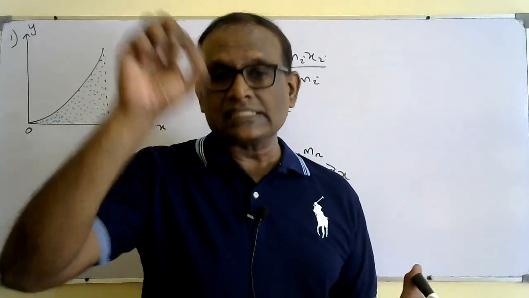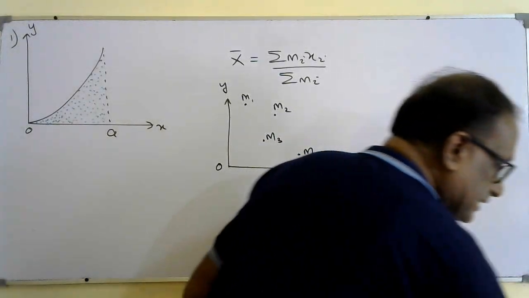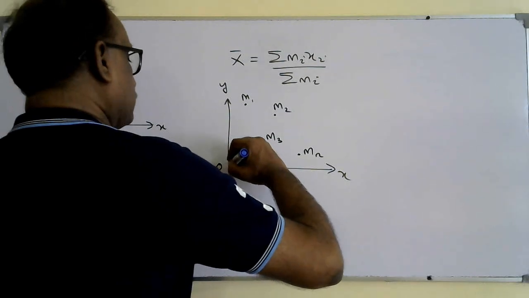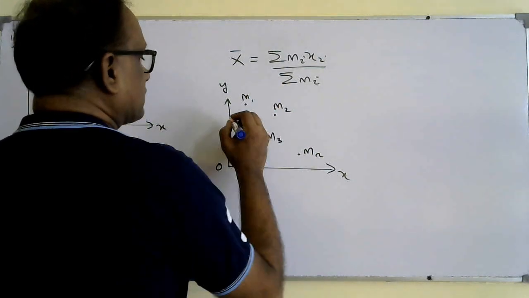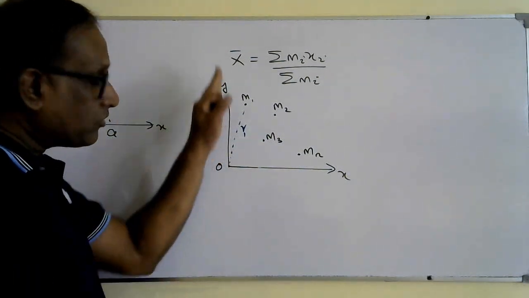Each and every particle's distance we should find from the origin. For example, the distance of this particle m1 from the origin could be taken as r1, because if I use x1 you might get confused and think it's around the x-axis. So r1 I take it.